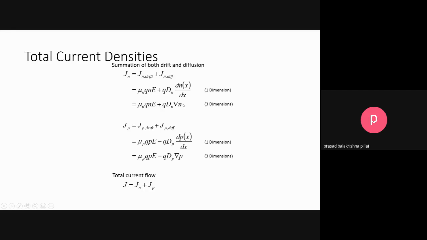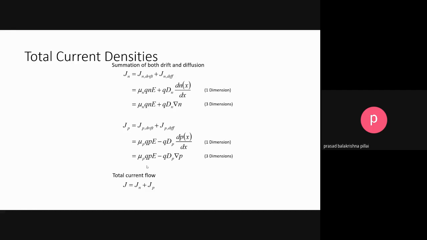Of course, the electric field will be in one direction, but the concentration gradient could be in three directions. So instead of this dn by dx, you have this gradient coming for both electrons and the holes.